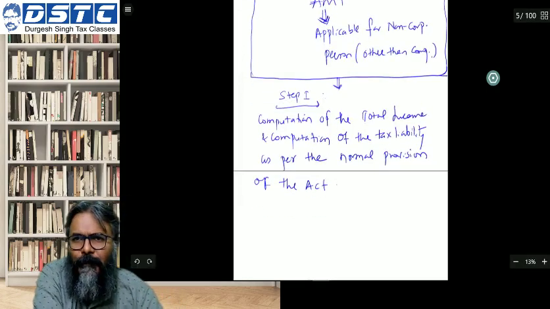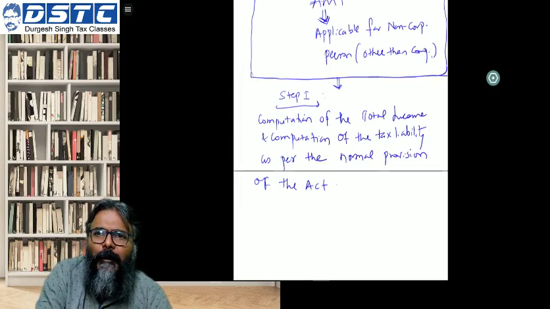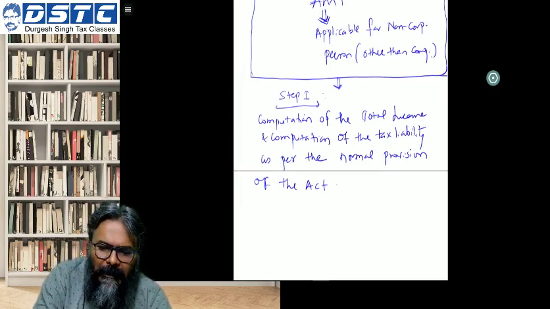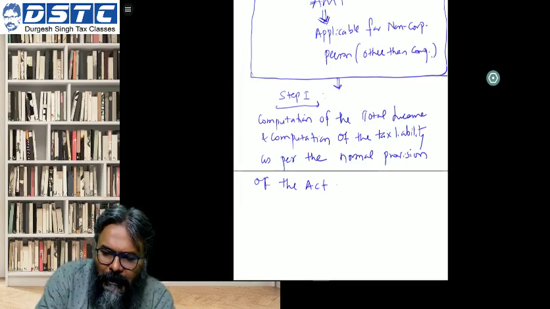So whatever is the way we do the total income computation and the tax liability, whatever is the normal provision that we apply, that is how we will deal with it.